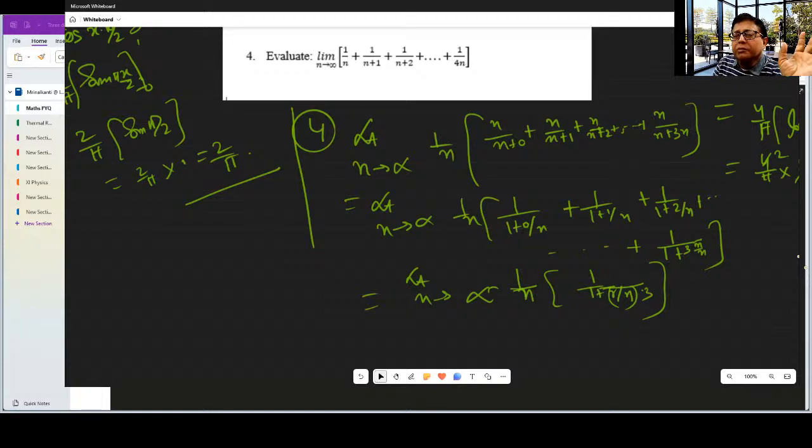You don't go for thinking that it will start from somewhere. Just see the coefficient of r by n. That is going to be the upper limit. 0 to 3, or you have to make a substitution over there, multiply and divide by r, all these things. Who will do? No, not required. You just write 1 plus x cube dx.